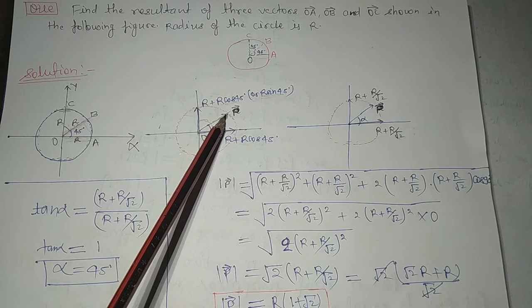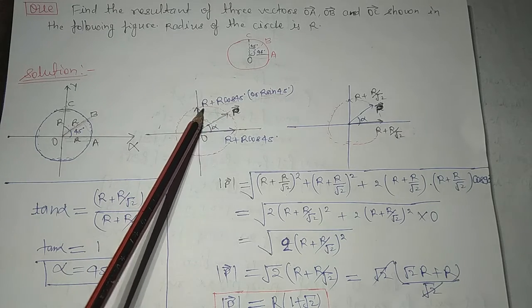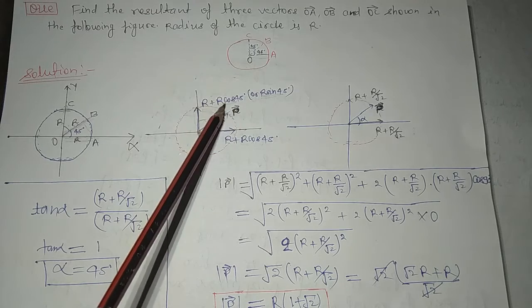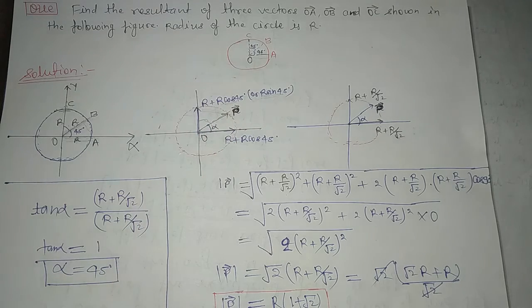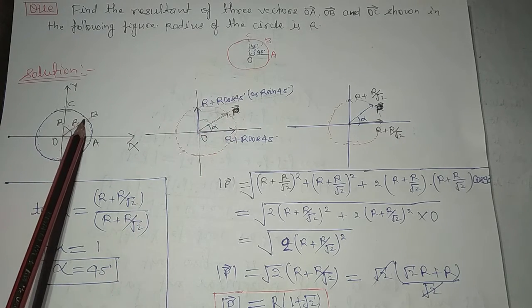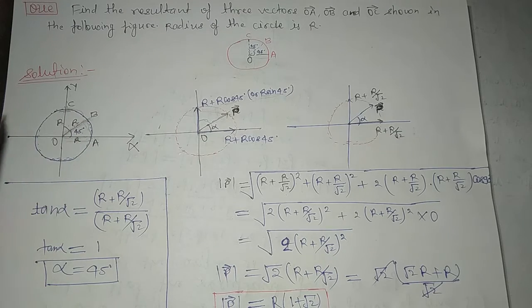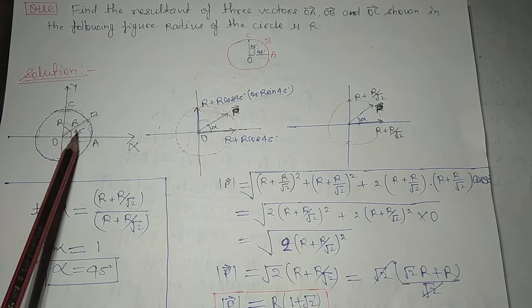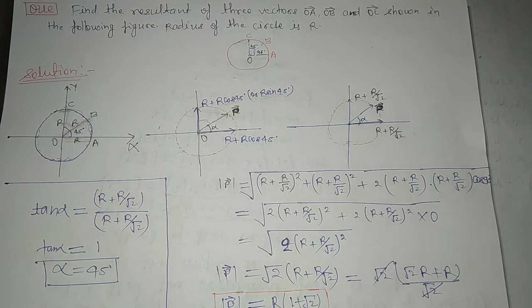So either take r cos 45 or r sin 45. Both values are the same. If this is 45, this will be r cos 45 and r sin 45. Since this is also 45, this will be r cos 45 and this also will be r cos 45.